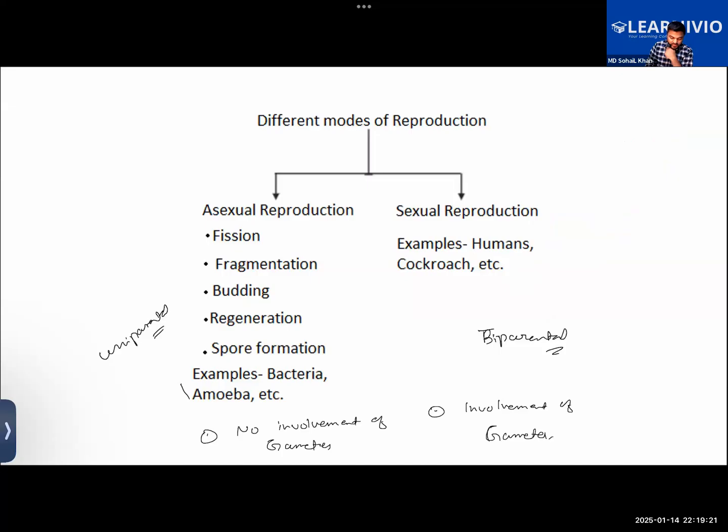Reproduction is basically the process in which we reproduce, and it's significant as without reproduction, we won't be able to reproduce, and there won't be any species like us. Okay.